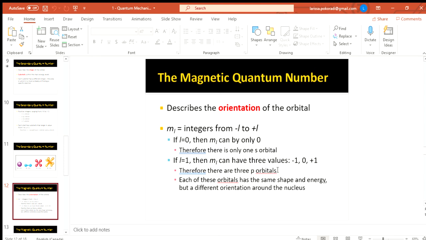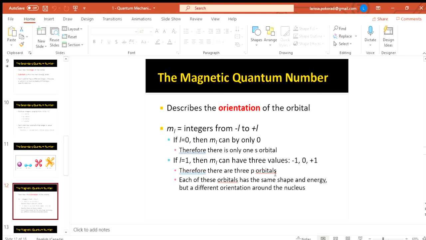So as we go up and we see d orbitals that have the l value of 2, and we wanted to take a range of that number, we would have five orientations, and f is the number 3. If we took that as a range, we would have seven orientations. So more orientations for those wild looking ones.